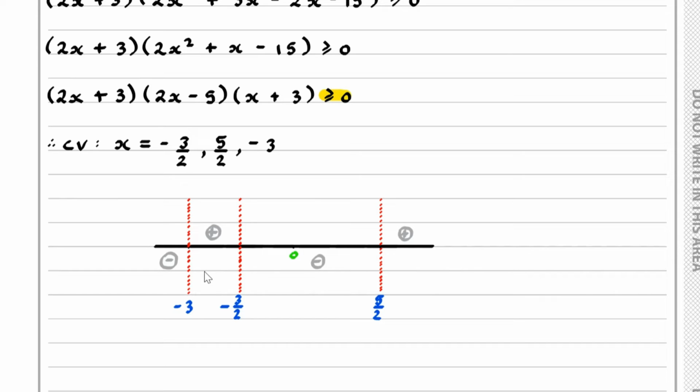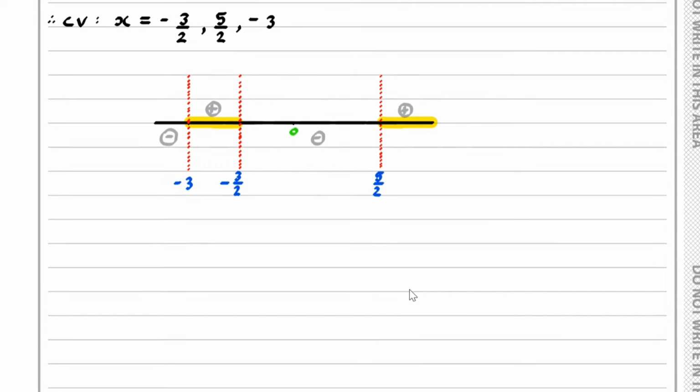And so what we can see is our solution is greater or equal to 0 when x is in between negative 3 and negative 3 over 2, or when x is greater than 5 over 2. And therefore, for our solution, we've got x belonging to the set of real numbers.